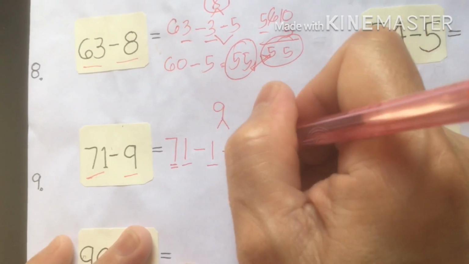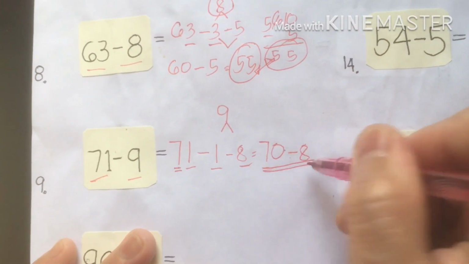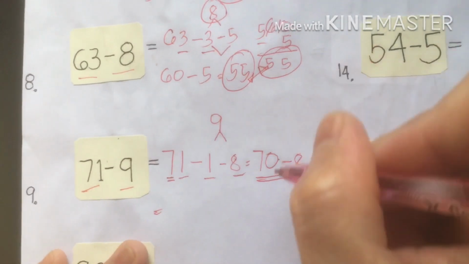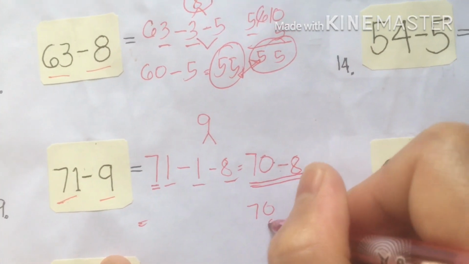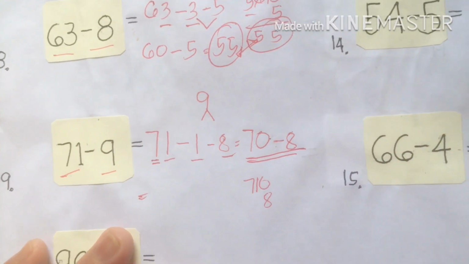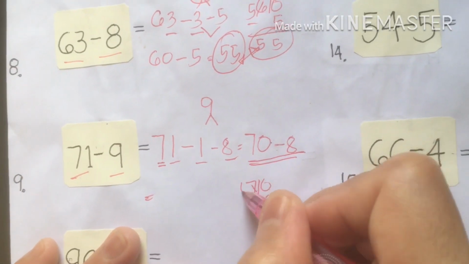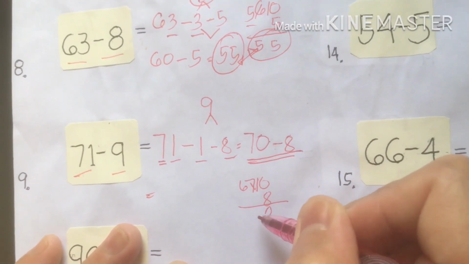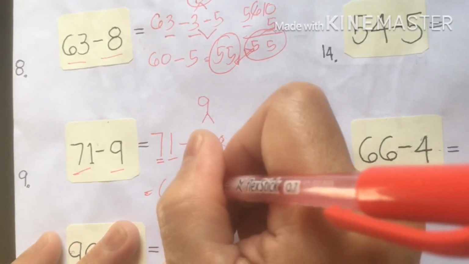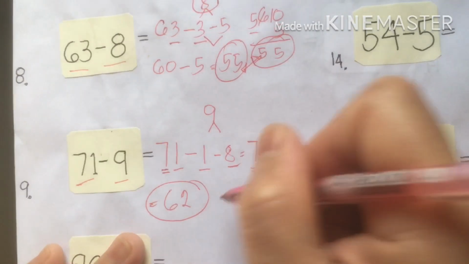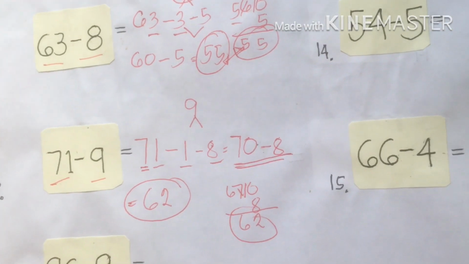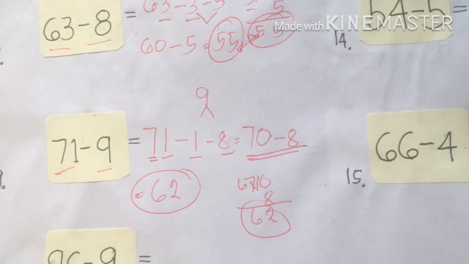The next digit, guys, I'm going to subtract 70 minus 8. So again, 70 minus 8, so 0 becomes 10, so 7 becomes 6. So we have here 2, and then the answer is 62. Okay, that's it. Next number.